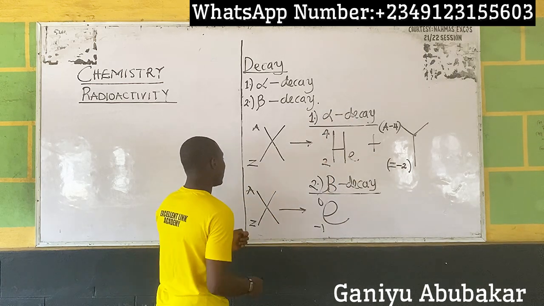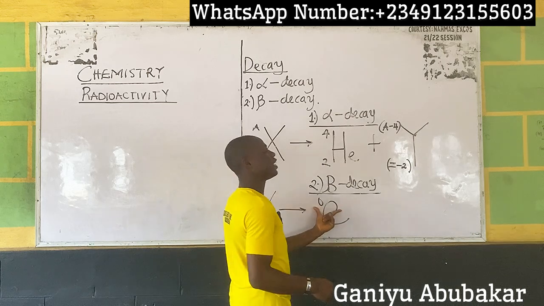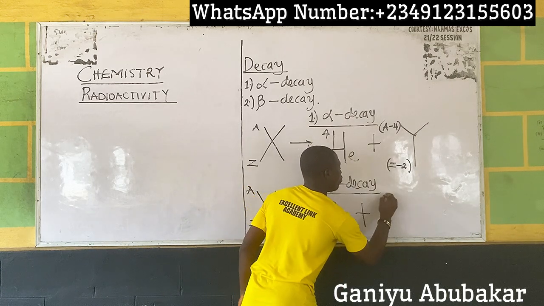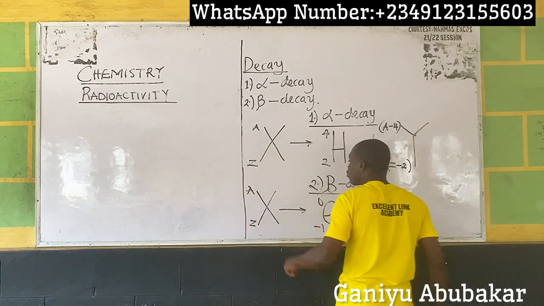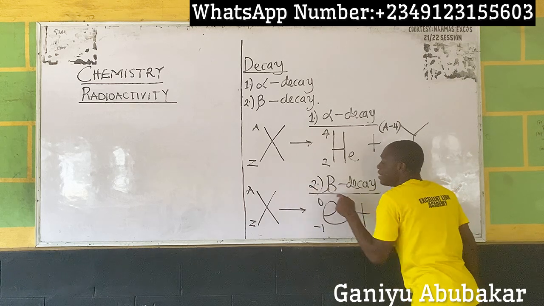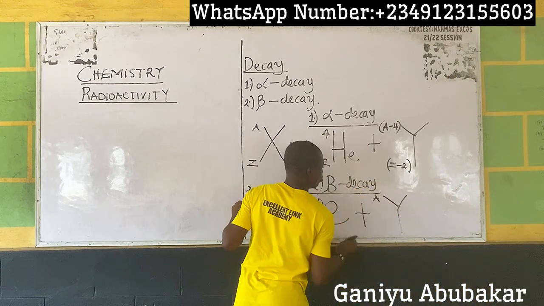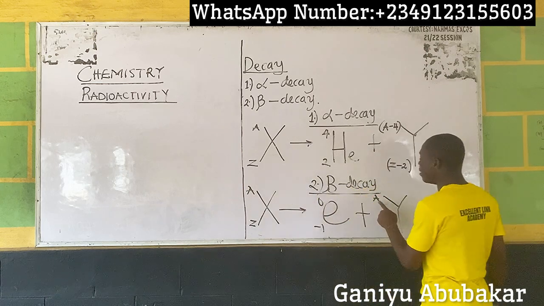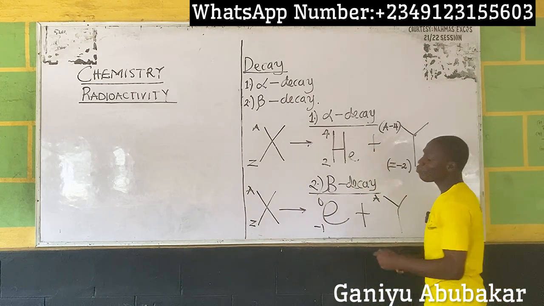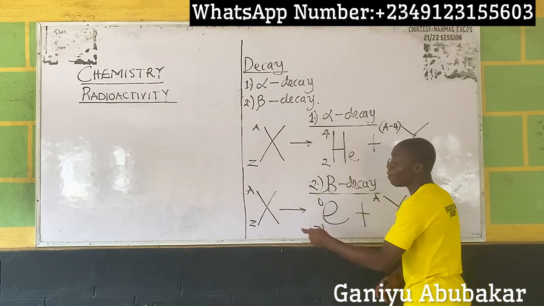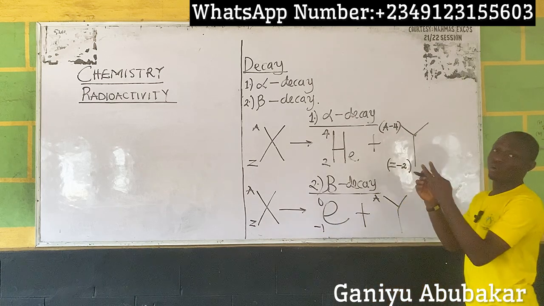So if this element undergoes a beta decay, the new element formed will be such that the mass number remains the same. If A is here, I'll have A here too. The atomic number is increased by 1.